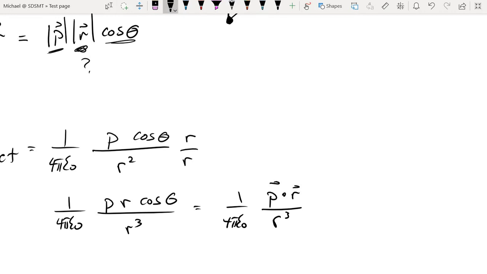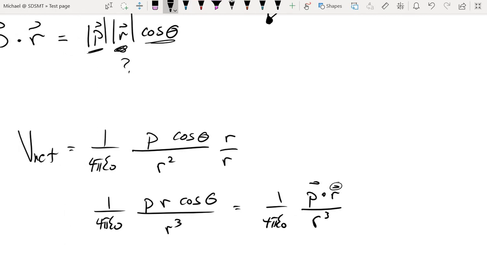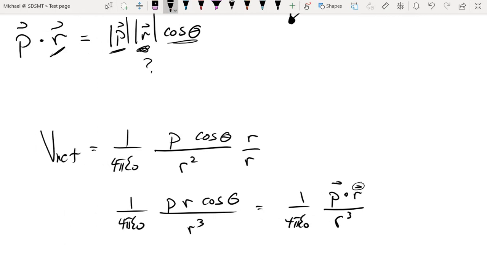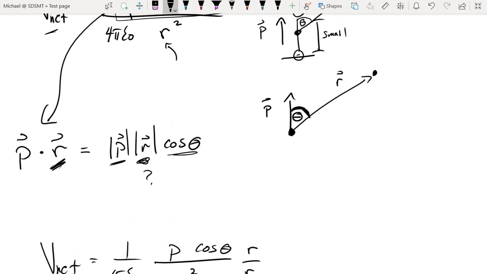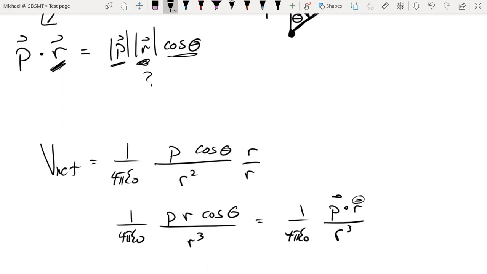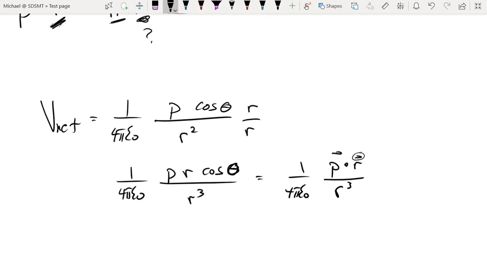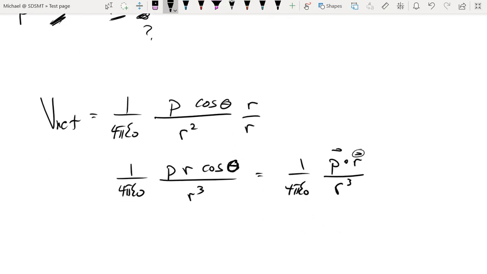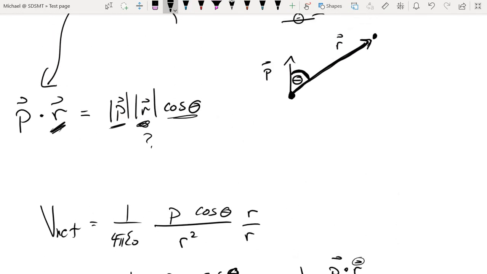You'll notice that I wrote R with a vector hat because that's the direction that we're headed here. We have to have R as a vector because R is pointing in a certain direction. I need that information for the cosine relationship. But R is also carrying a magnitude with it. R is carrying the length value.